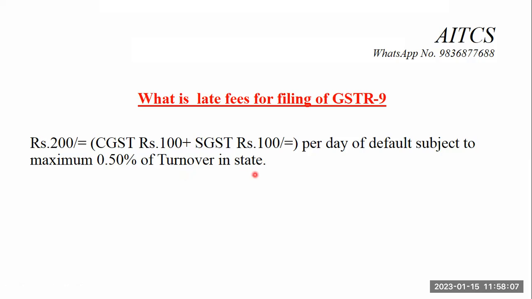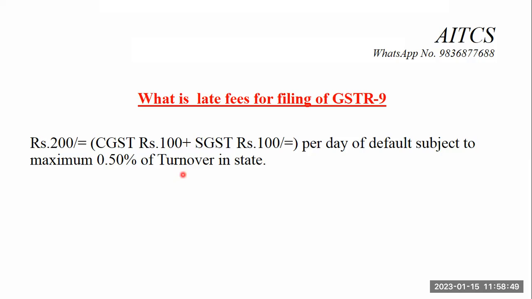Whatever the turnover in the state, here aggregate turnover will not be considered, which means the turnover of the branches and head office existing in other states shall not be considered. In the particular state where the GST number exists, that turnover is to be considered, and that will be multiplied by 0.50%. So whichever is lower, rupees 200 per day of default or 0.50% of the turnover in the state, that will be the late fees.